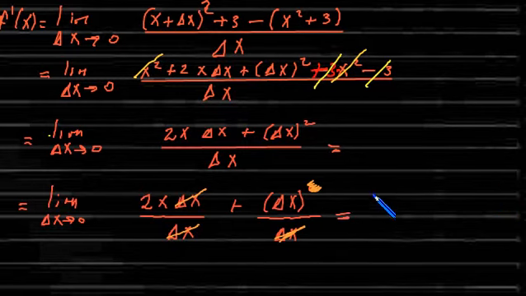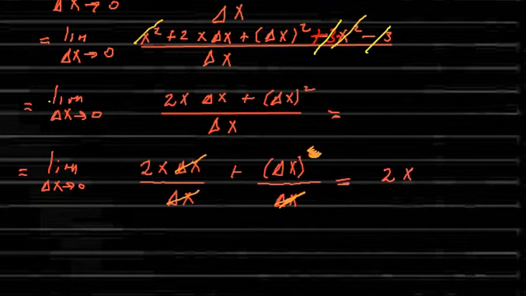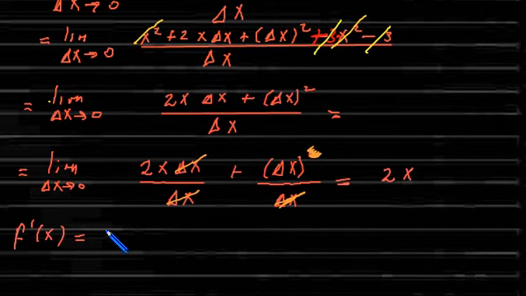So of course what I get is that this is equal to 2x. Now this delta x, as delta x approaches 0, just becomes 0. So as a result of computing this limit, f prime of x is equal to 2 times x.